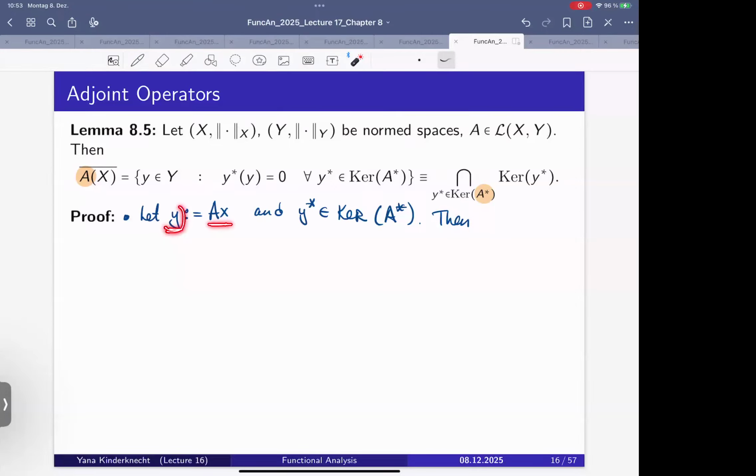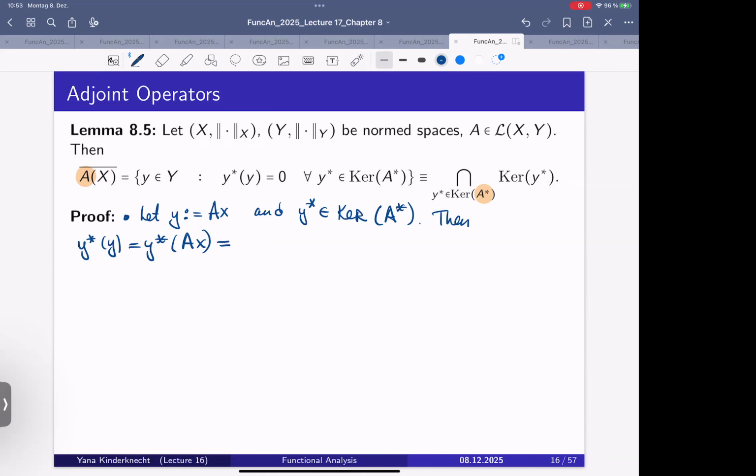This means that y belongs to A of X, first without the closure, so y belongs to the image of the space X under A. Then y star evaluated at y is just y star evaluated at Ax.